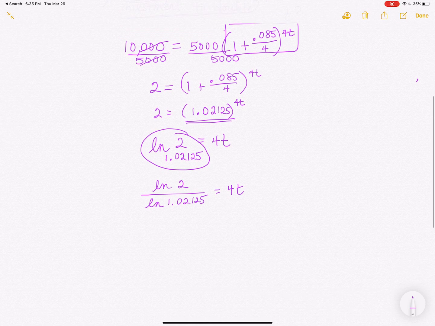So here I'm going to divide by 4. So t is going to equal the natural log of 2 divided by the natural log of 1.02125, all divided by 4.